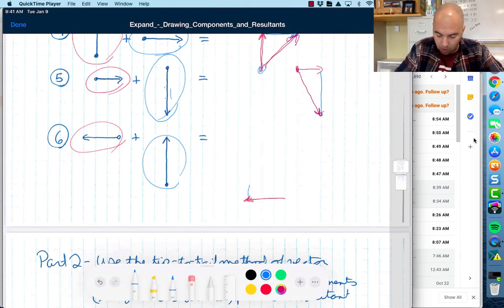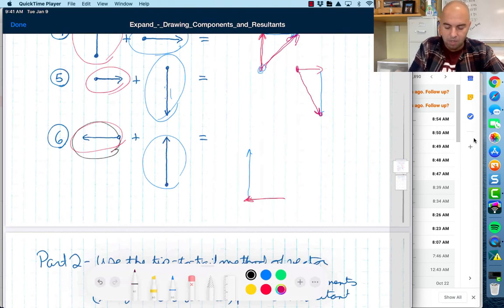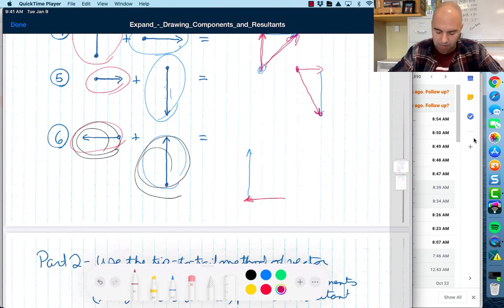So 1, 2, 3, 4. So my resultant is a little bit of this one, a little bit of this one, and it's going to be a combination. It starts here, ends here, and it's going up and to the left. See how that works? All right.